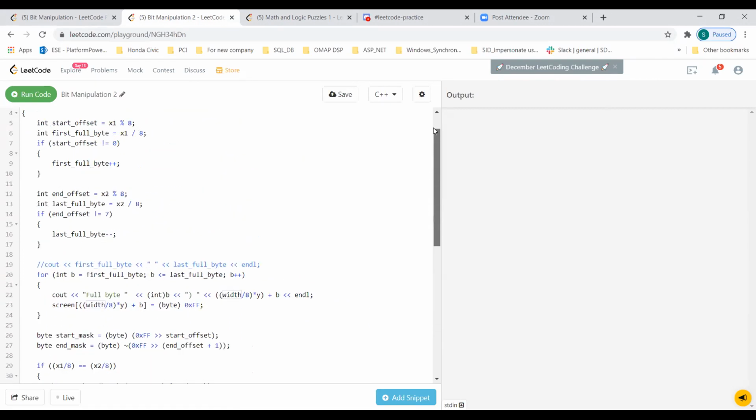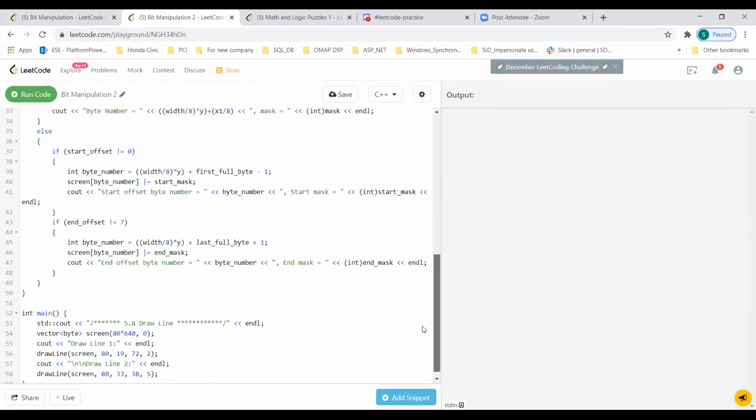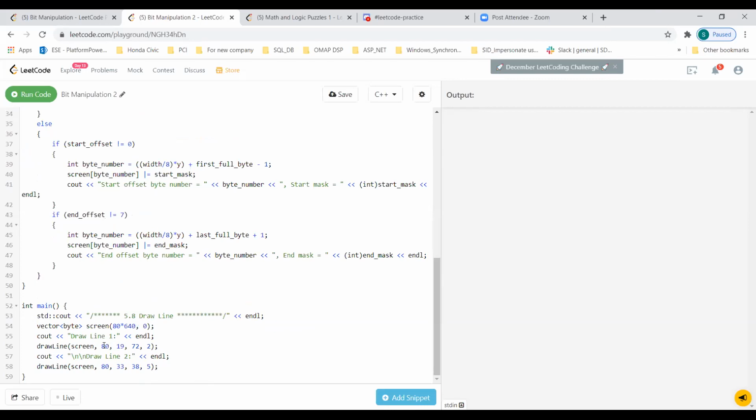Okay, so what it says here is you first find a start offset. Now I've taken an example here. This is my screen, which is like 80 by 64, and I'm setting all of them to zeros. So the width of my screen is 80.